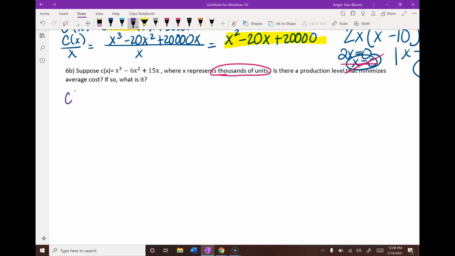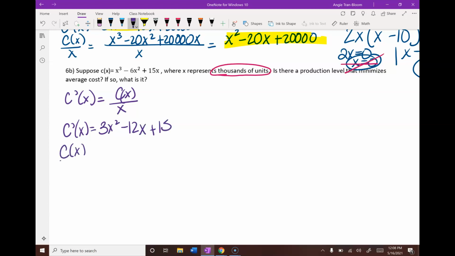Okay, guys, so we want to take the marginal cost and set it equal to the average cost. So c prime of x is 3x squared minus 12x plus 15. Average cost, students, is we're going to take the original function, x to the third minus 6x squared plus 15x, and divide by x.